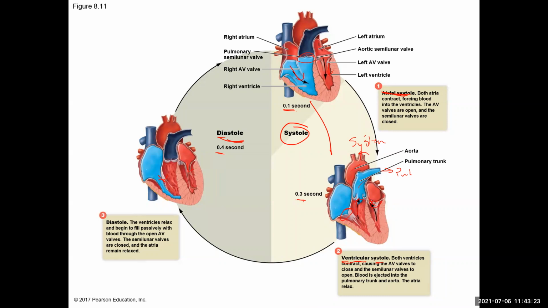Now, when you listen in with a stethoscope, the lub dub heart sound actually occurs from the closing of the AV valves and the semilunar valves during the systole and the diastole components of the cardiac cycle.